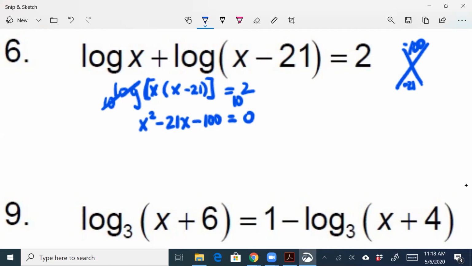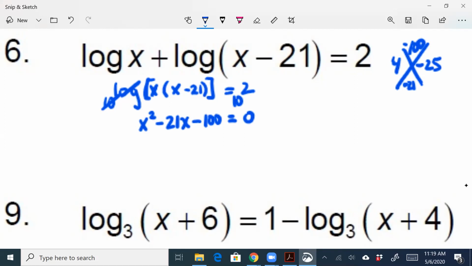I think 4 and 25. So if I take 4 times 25 and make the negative on the 25, negative 25 times 4 is negative 100, and negative 25 plus 4 is negative 21.